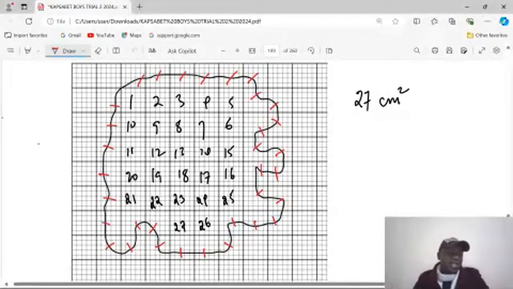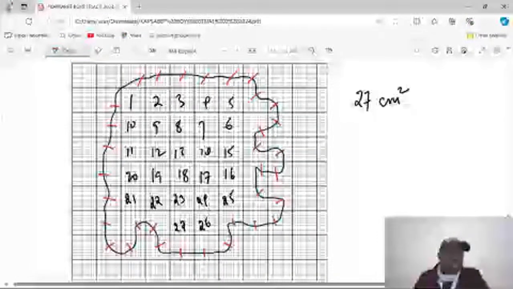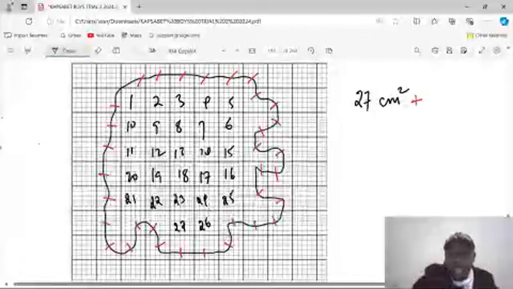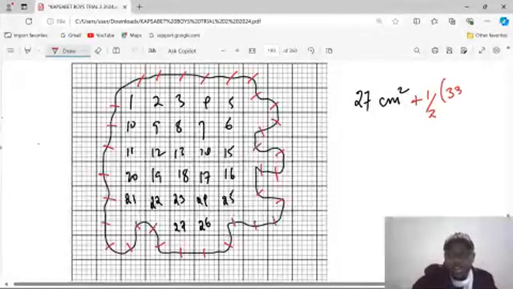So I'm having 33, which have been occupied partially. So I'll add half of 33.